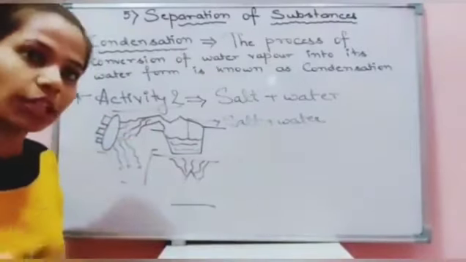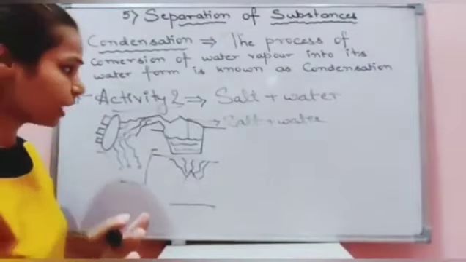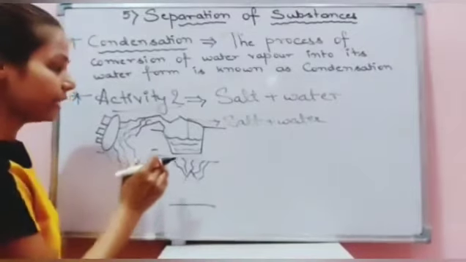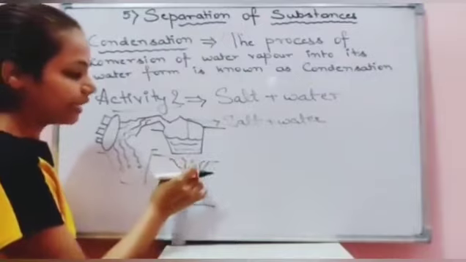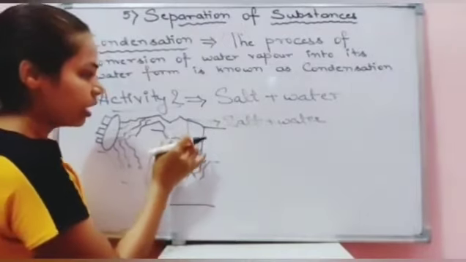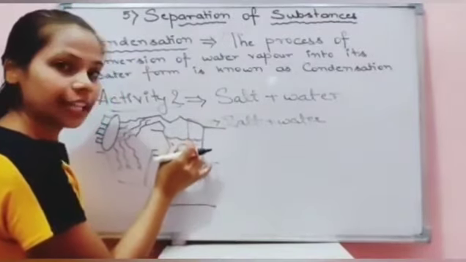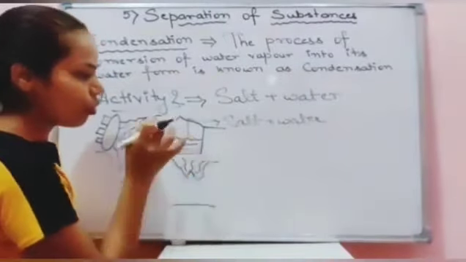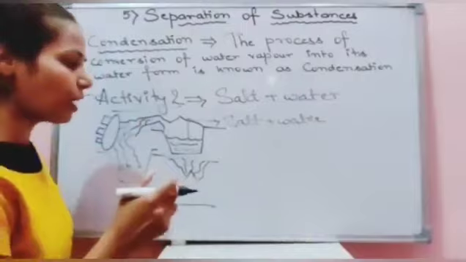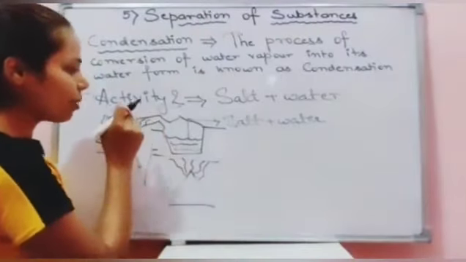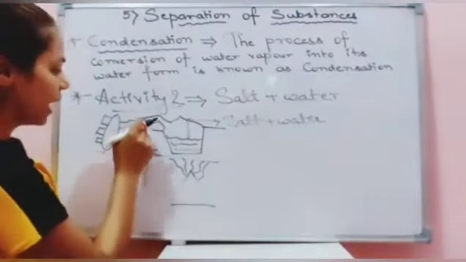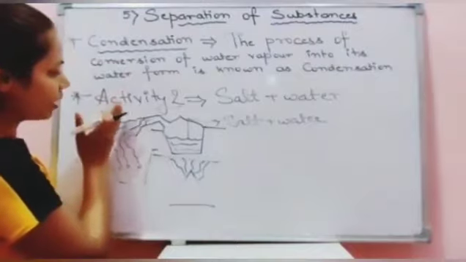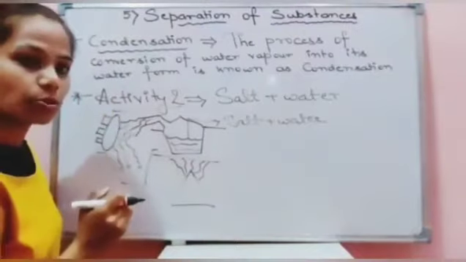falling into the container. What we had done is that we had lit the burner and placed one container containing salty water. As soon as the water reaches its boiling point, the fumes will come out of its spout, and we keep one cover just near the spout.